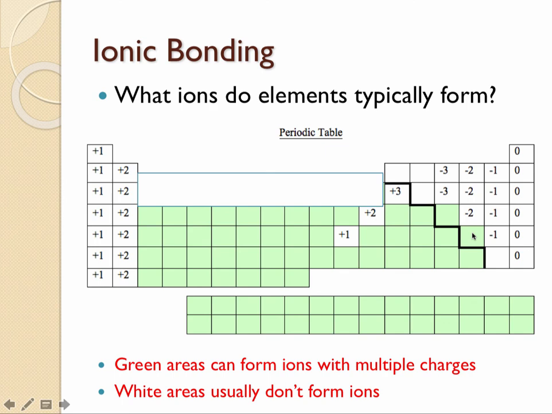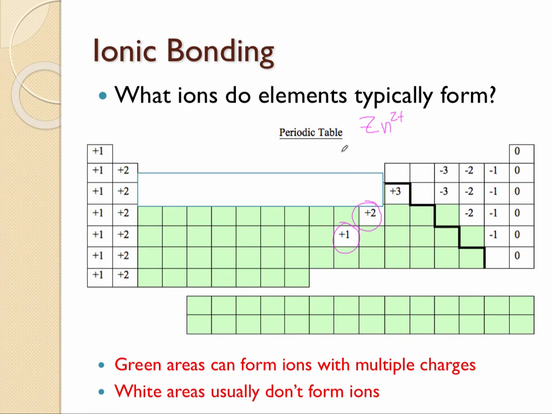So there you see pretty much what we just saw. There are 2 elements that you do need to memorize what their stable ions will be. That is zinc. You need to memorize that zinc always forms a +2 ion.